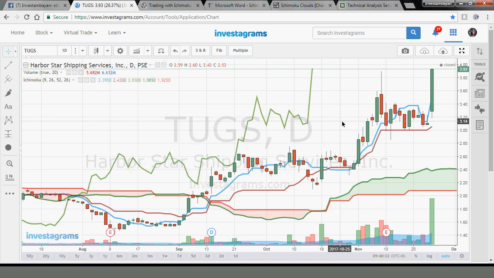Right? So nag-switch yung part ng cloud, pag ang green na sa taas, itong area na to, so si red na sa baba, that is bullish. Right? So, I hope we're following this.